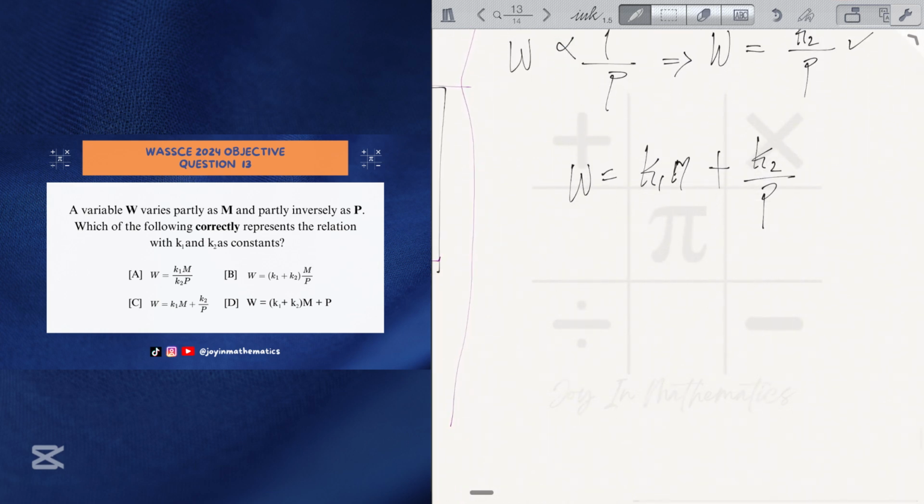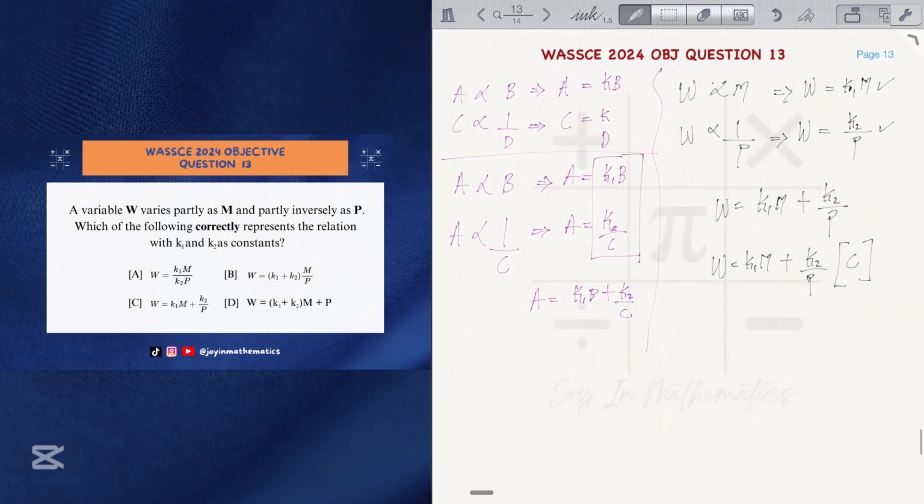So we have W equals K1M plus K2 over P, and this is the expression for option C. So as you can see, we learned about direct proportion, inverse proportion, and partly proportion, and we implemented partly proportion in the question.